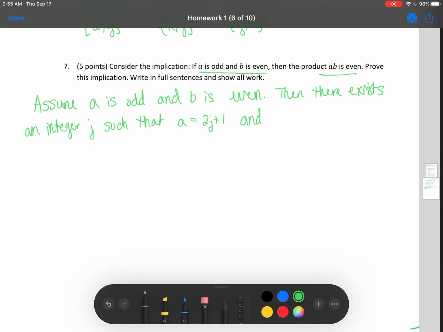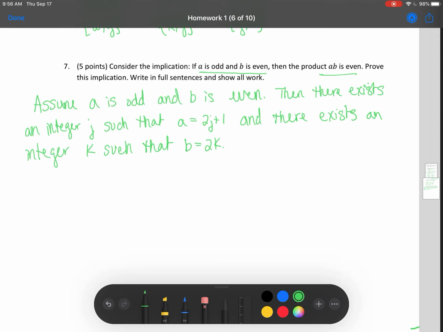And there exists also an integer, I guess we'll call this one K, such that B is equal to 2K, because that's what it means to be even. It means to be 2 times an integer.